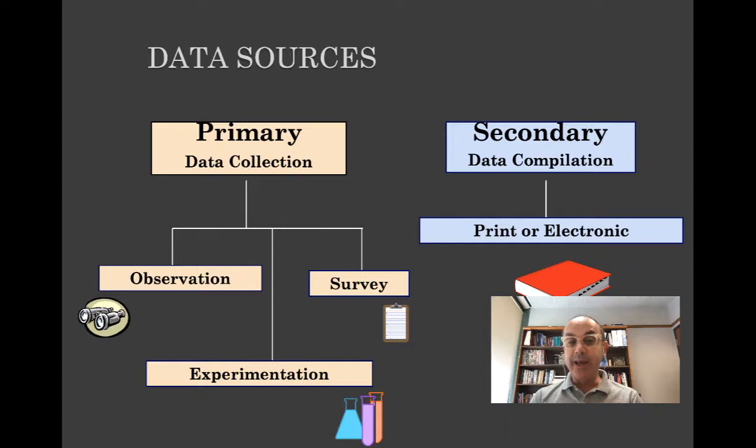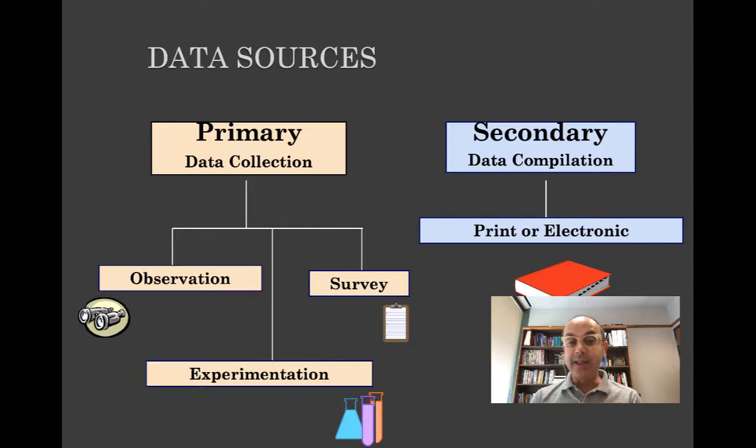But there is another issue that I want you to remember, which is the data source. There is always the idea that we are collecting data, and the collection of data can be divided into two. The first one is that we go out of our way to observe, or survey, or go to a lab to do the experiment.